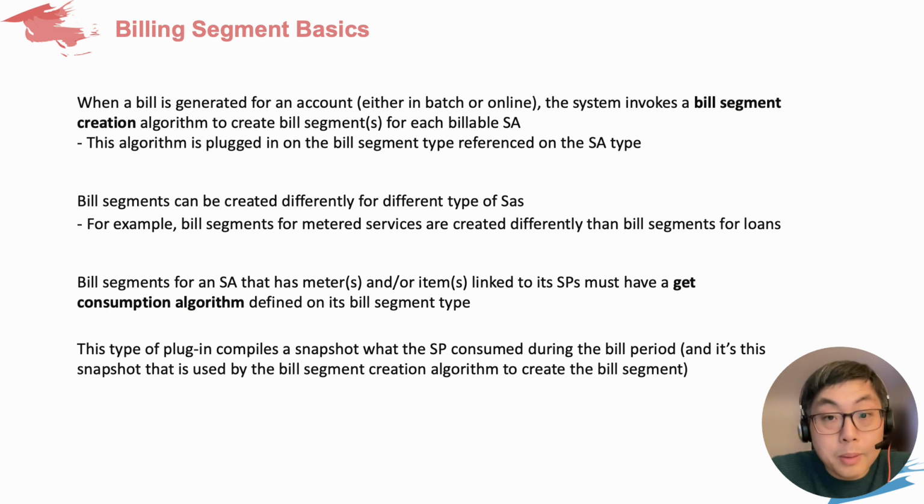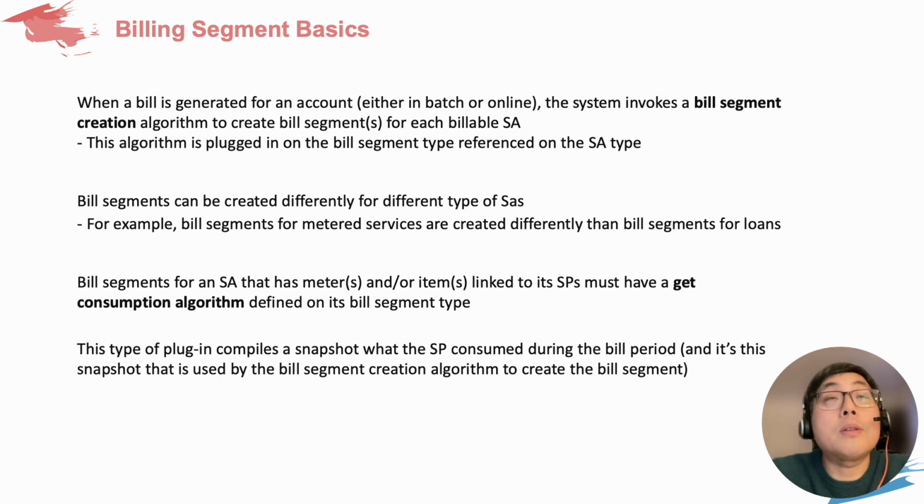For example, we're going to talk about this in particular, because the bill segment type provides a few plugin spots where you can define the algorithm to ask the system to perform different tasks.